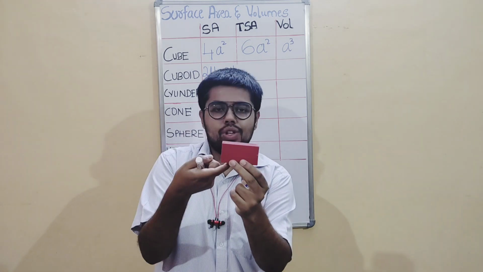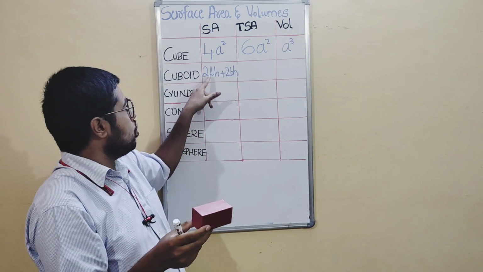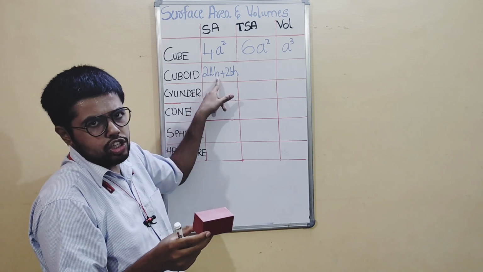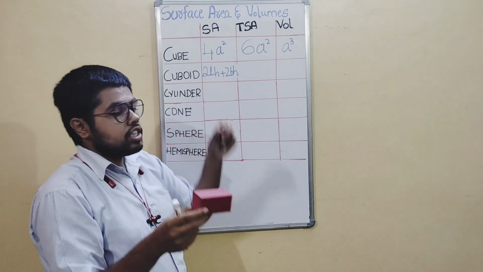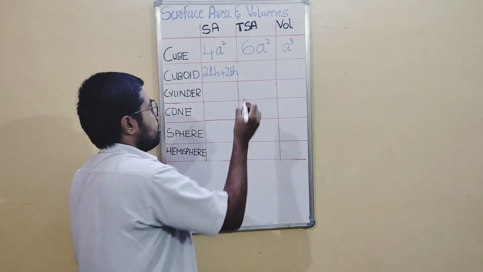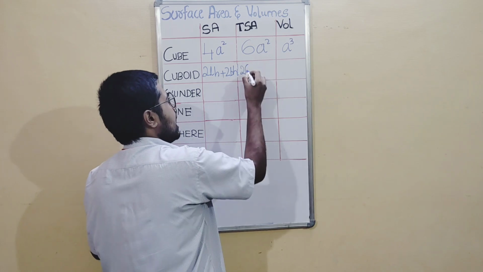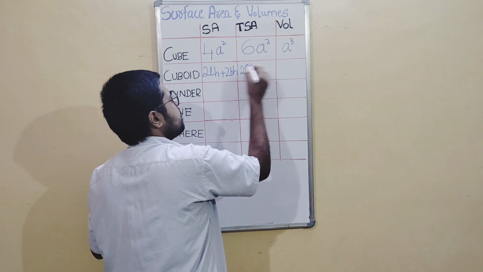Now for total surface area, you have to consider this face also. In this formula you can take 2 common outside, it becomes 2(L plus B) into H, else you can keep it like this only. Now total surface area, I told you, just consider all the faces. Since 2 is common, I am taking 2 outside: LB plus BH plus HL.